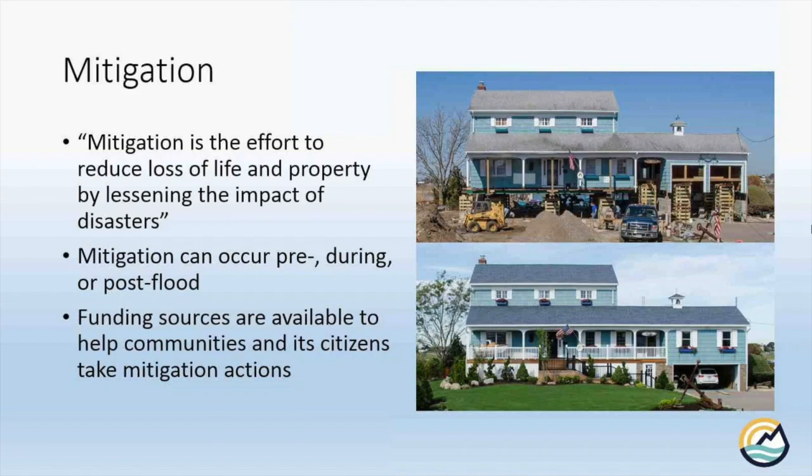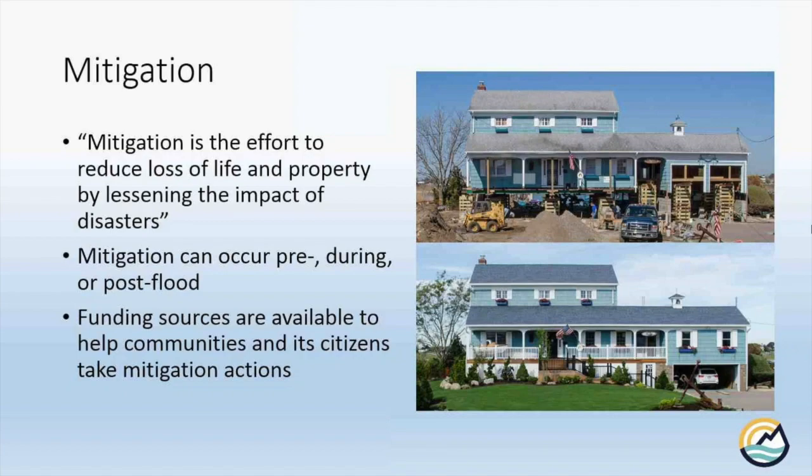Mitigation can happen at any time. It doesn't have to be after a flood. It can actually happen before or during a flood event. To help with this, there are a lot of funding sources out there. There's a big benefit to taking action to reduce risk. For flood mitigation, for every $1 invested, the average savings is something like $7 back.